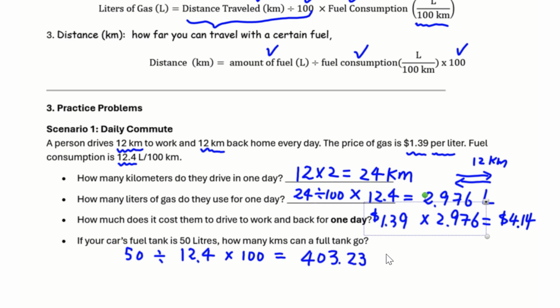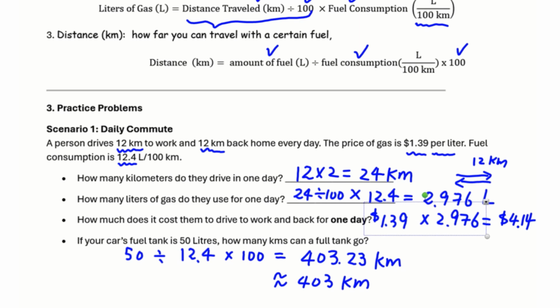Then we could round it to the whole number, 403 kilometers. So this is the amount of fuel in liters divided by fuel consumption and times 100. So this is how we do the calculation.